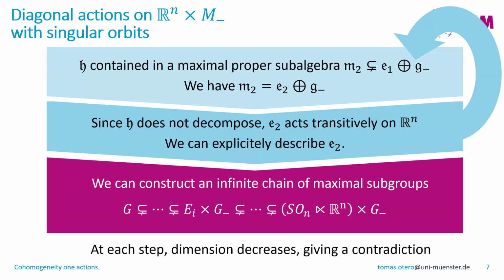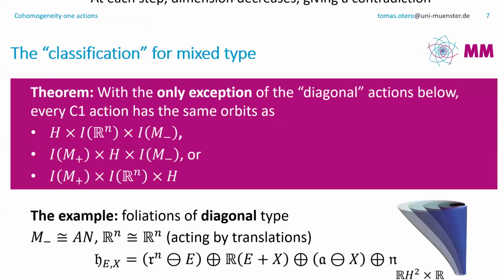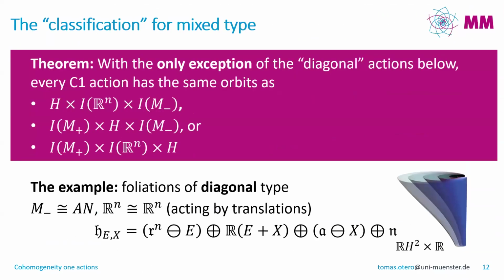An action which does not decompose, by this argument, cannot have a singular orbit, and this is how we prove this sort of decomposition theorem. And yeah, I think I've run out of time, so thank you.